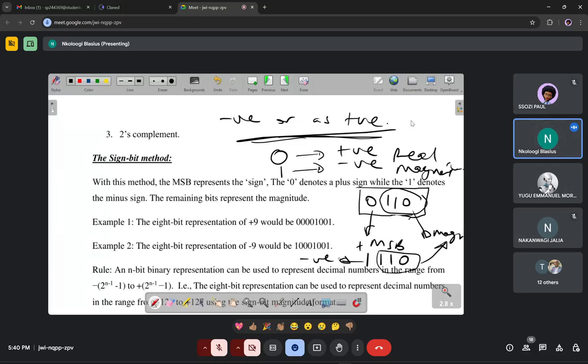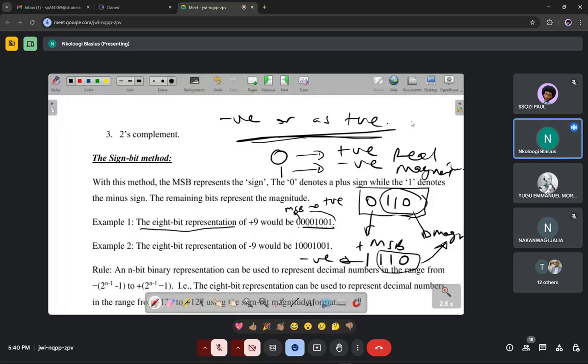In this situation, the example is dealing with the 8-bit representation. Why 8-bit? This is 1, 2, 3, 4, 5, 6, 7, 8. The MSB here is this first zero from the left. It tells us that this is a positive number. Then the rest of the number from this one to the other side gives us the real value of the number.